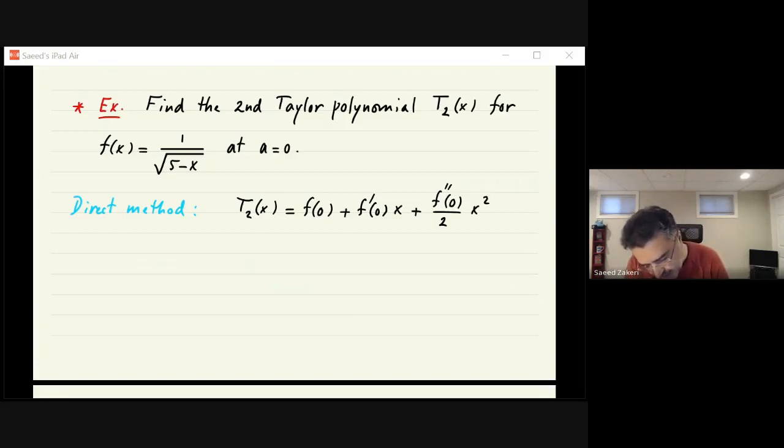So I need these numbers. All right, so f of 0, what is f of 0? That's the formula for f. So f of 0 is just 1 over root 5.